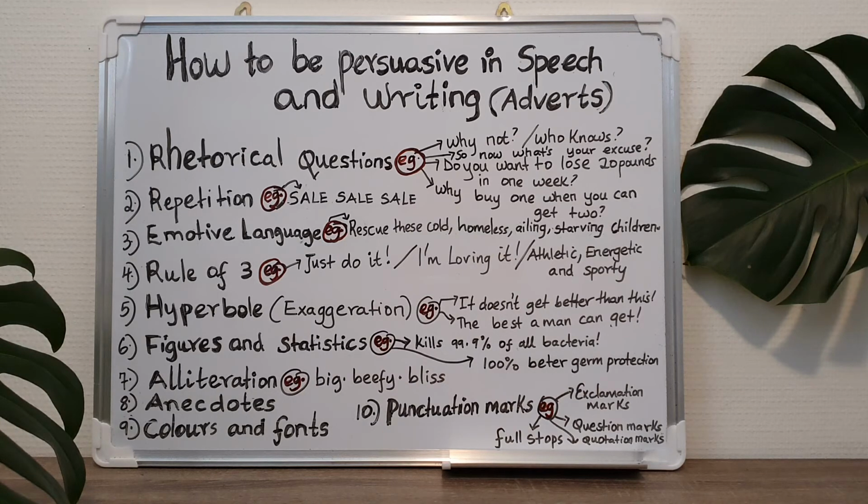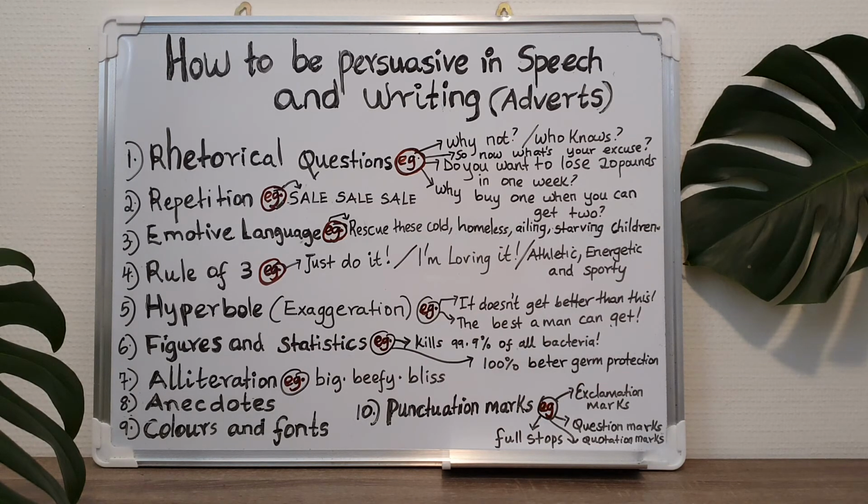"Kills 99.9% of all bacteria." Now, if you're looking for a product that is going to kill bacteria and disinfect your house or toilet or kitchen, and the advert says that it kills 99.9% of all bacteria, you will be convinced, won't you?